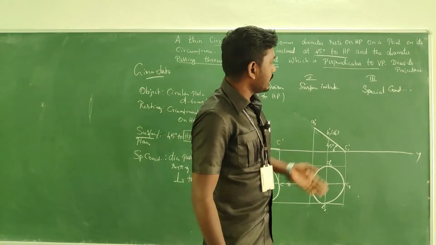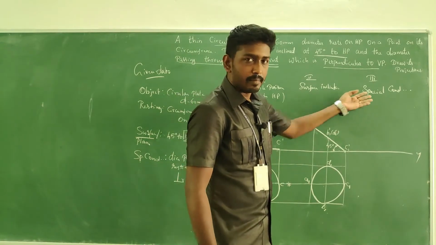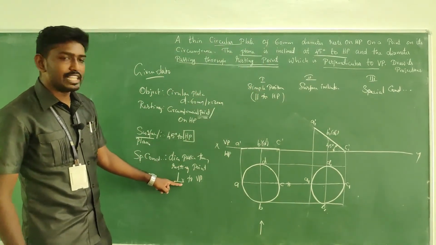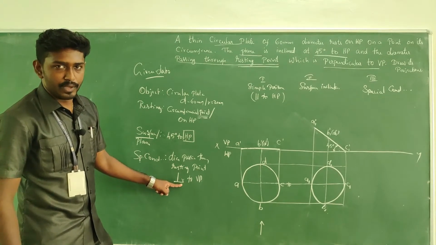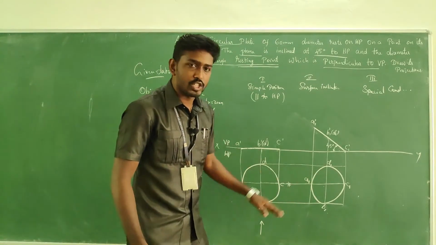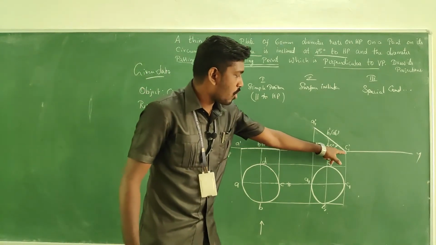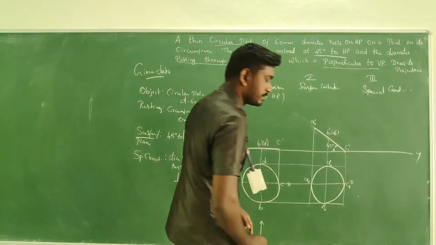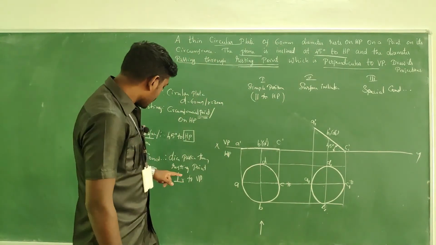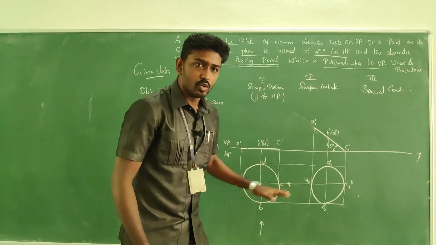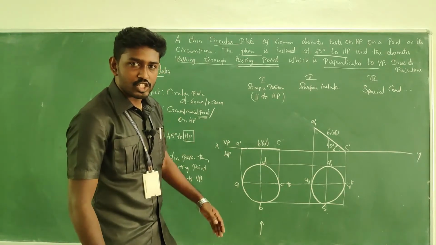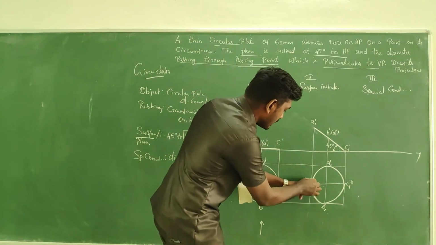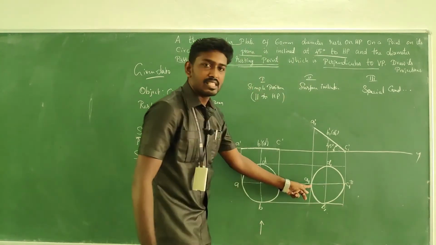Go to the third stage, special condition. So here it is given the diameter passing through the resting point is perpendicular to VP. Which point is resting on HP? This C, am I right? C is resting. So the diameter passing through the resting point, that means they are talking about the line A1 to C1.